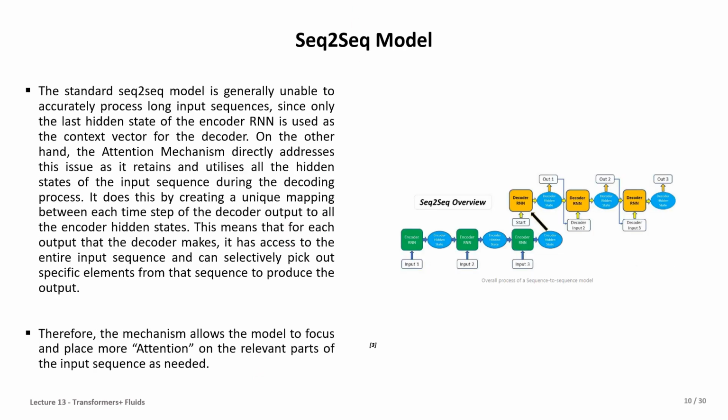The attention mechanism is basically a sequence-to-sequence model, or what we call encoder-decoder. The standard sequence-to-sequence model is generally unable to accurately process long input sequences, since only the last hidden state of the encoder recurrent neural network is used as a context vector for the decoder.